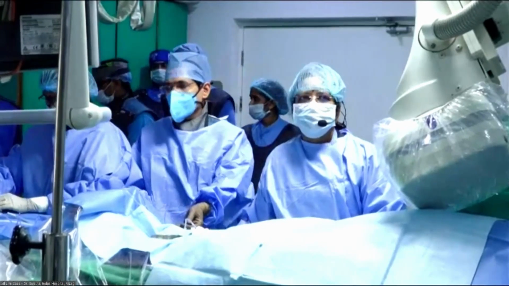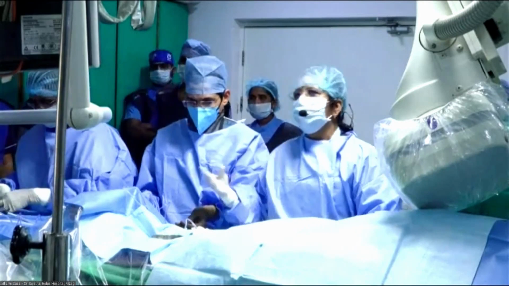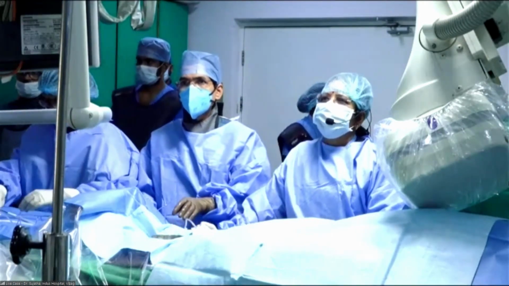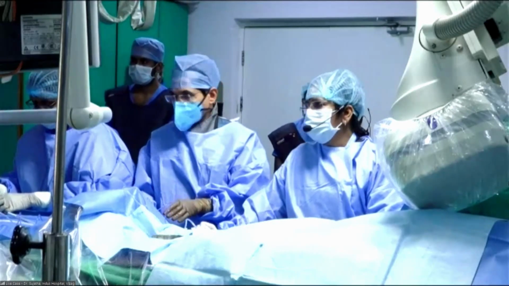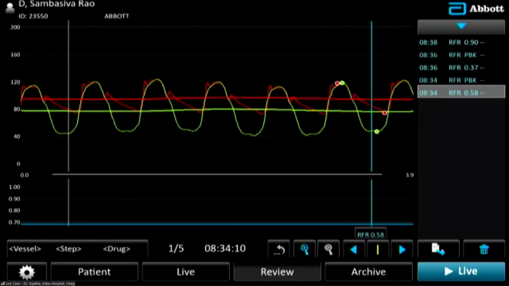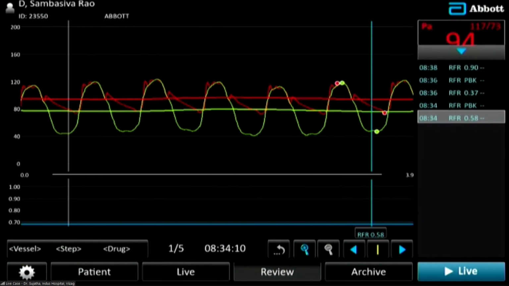So these are the questions before us. So I'll show what I have done till now. I used the FFR wire in the OM1. Can you show that? I mean, I did the RFR. And you can see that it is 0.58. Show the pullback. Pullback, please.